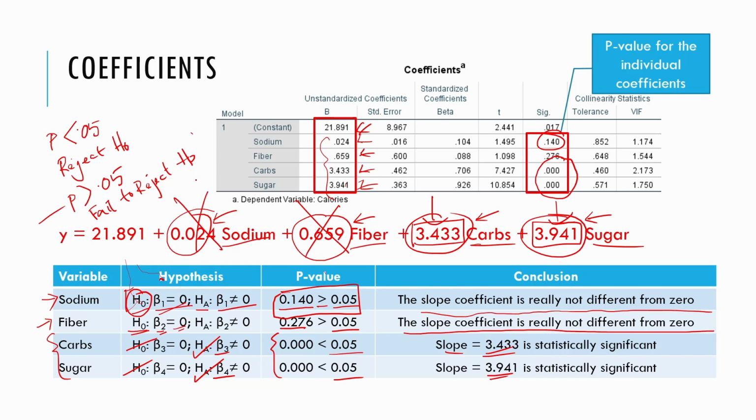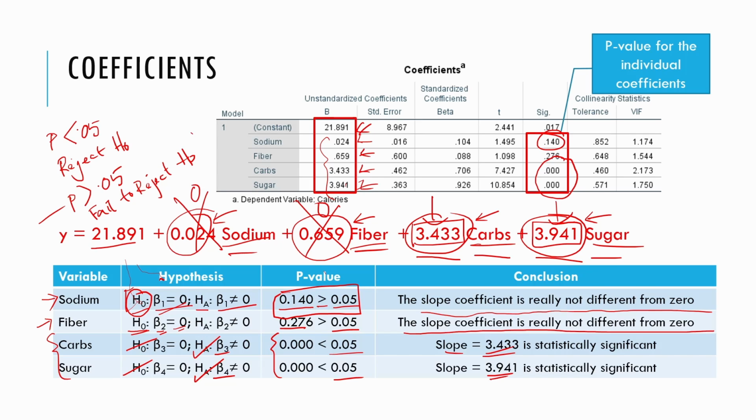Drop means just replace these by 0, 0. So basically you just drop these two variables. So what remains is y equal to 21.891 plus 3.433 into carbs plus 3.941 into sugar. So one option is this, but this is a naive option. What we actually do here is we perform a stepwise regression procedure that we will also do using SPSS.